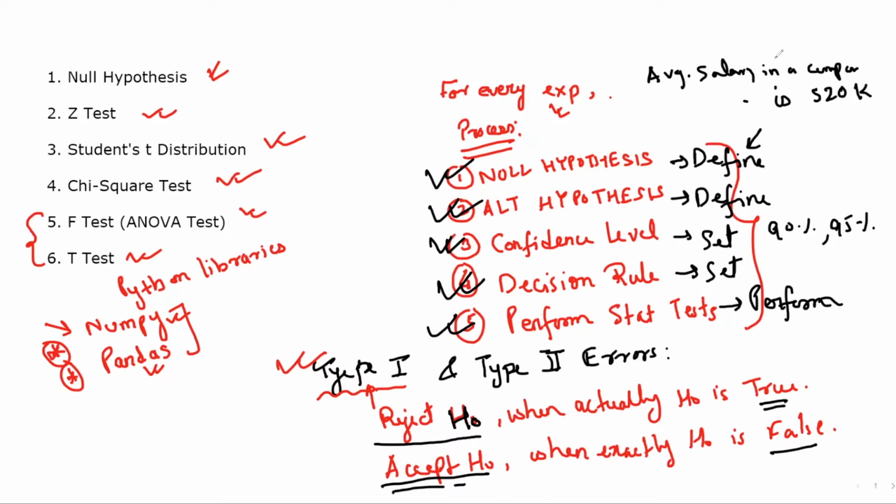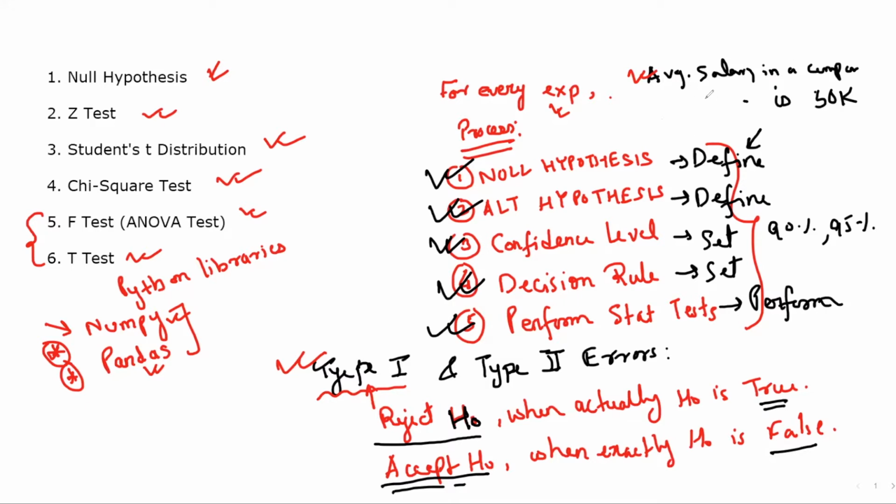Never mind. Let's say it is 50k. Now, this may be your null hypothesis. Let's say there is an experiment. We want to know whether the average salary is 50k or not. And in the null hypothesis, you just mentioned it as: the average salary in a company is 50,000.